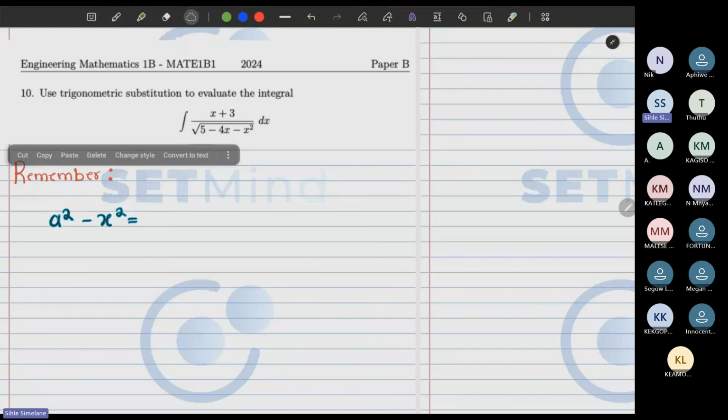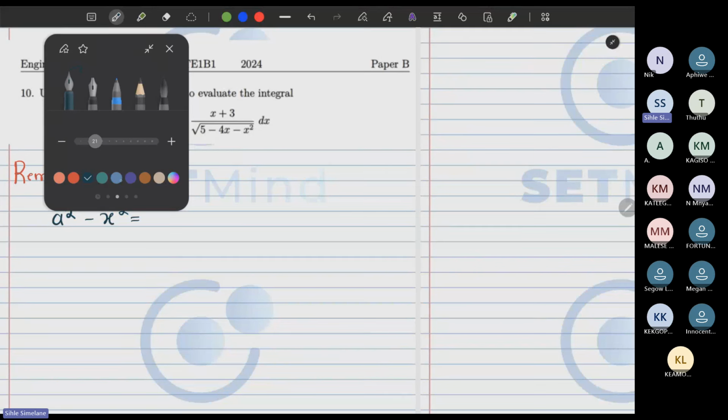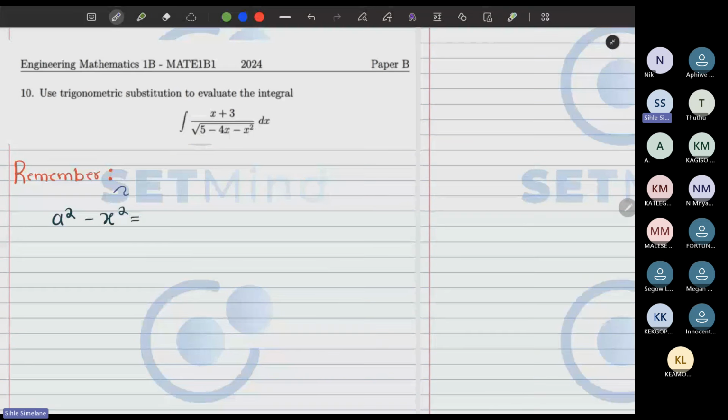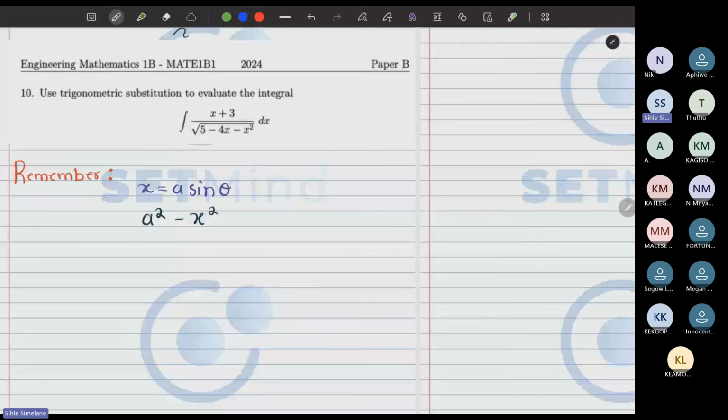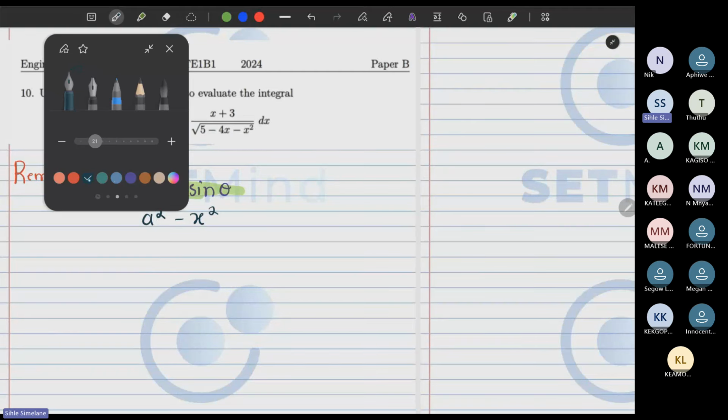So for a case like this, we are going to use sine. We are going to do a substitution of x equals a sine theta. Once you see such a case, you substitute a sine theta wherever you see x. That is one of the substitutions.